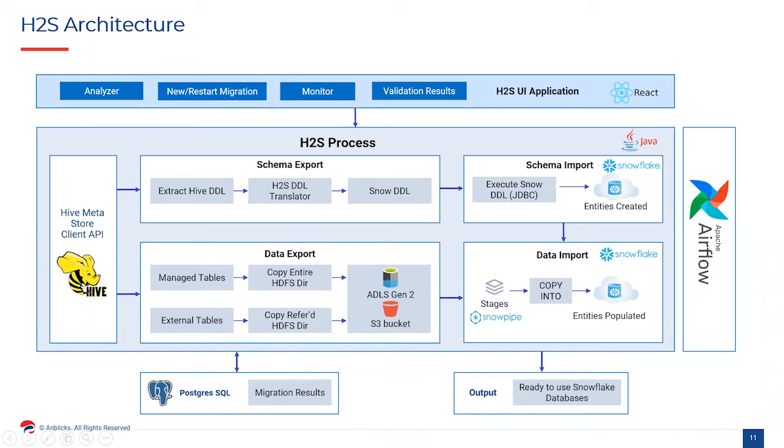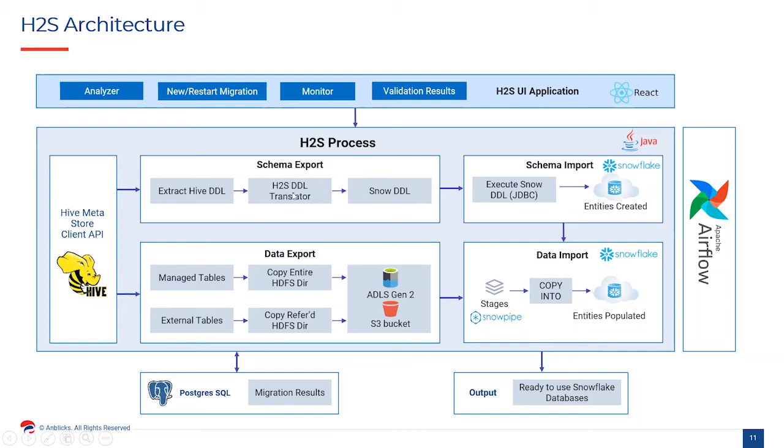The first part, the schema export, as the name says, connects to the Hive metastore, extracts the Hive schema out of it, and translates it into a Snowflake DDL. This, I should say, is a secret sauce.